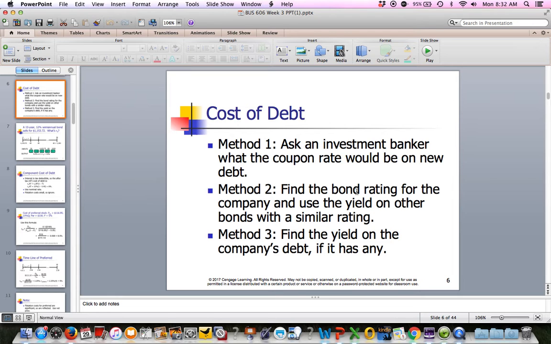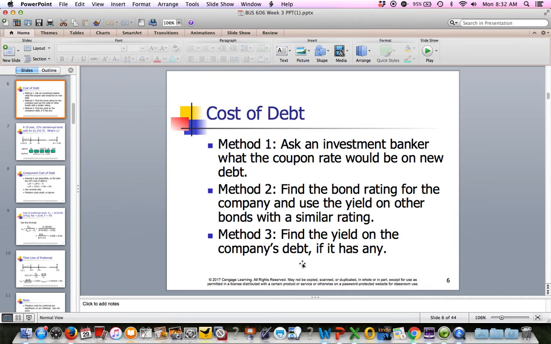And like AAA is the best, and there's all kinds of letter grades on down. The higher, the better. The higher means the safer the company, the more likely that the company is to repay the bonds. But that's what I'm looking at. So I could find another company a lot like mine and see what its rating is, and that rating then I could correlate to an interest rate.